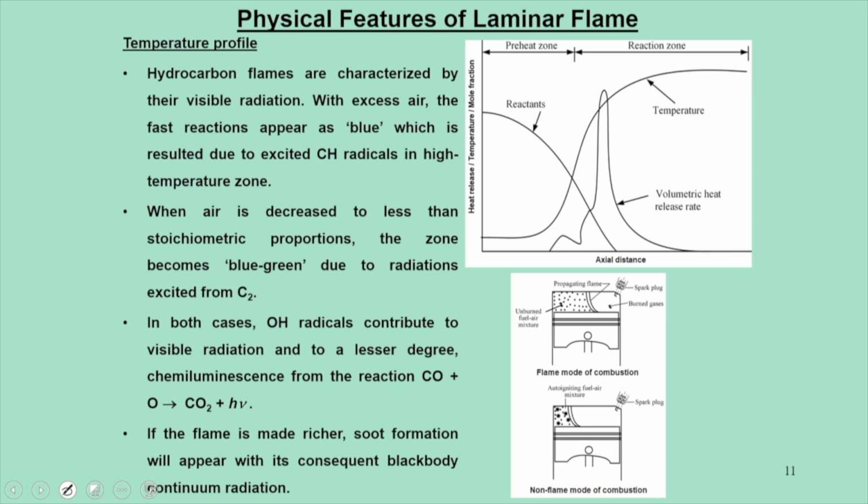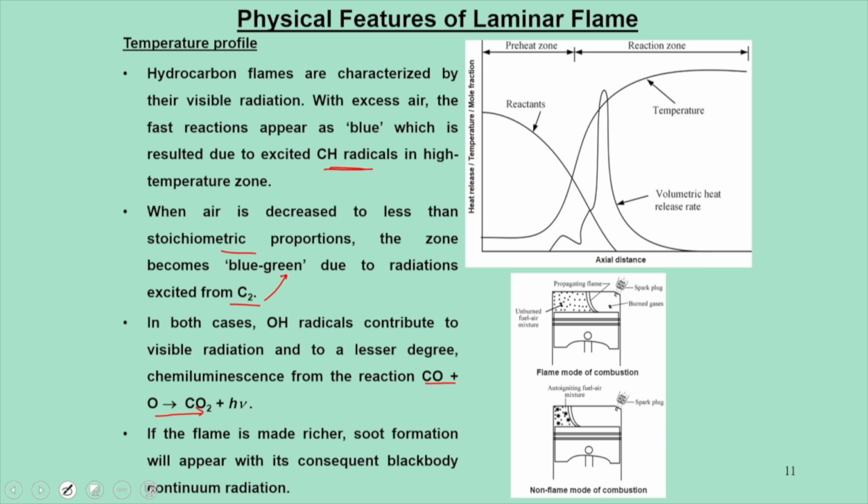Here another important aspect is that for hydrocarbon flames, the CH radical takes the dominance, and depending on the stoichiometric conditions, we get some radiation due to carbon, and that is termed the blue-green zone. And when OH radicals are formed, it gives a reaction where carbon monoxide gives CO2.